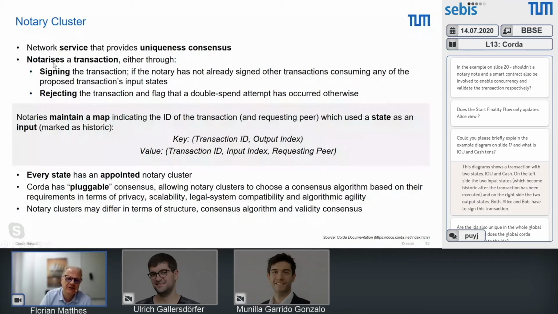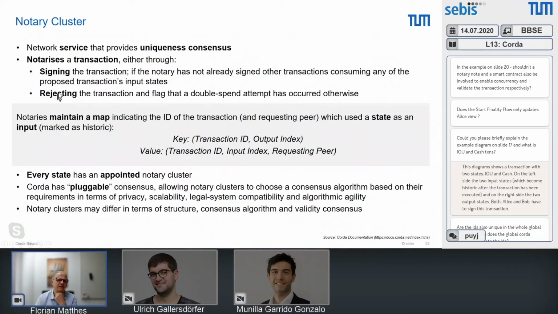So the transaction is signed by the notary. That's the idea, that you always have objects, and the object itself contains the necessary information so that other parties can look at all the signatures and understand the status of this transaction. So you now have a transaction signed by the notary.